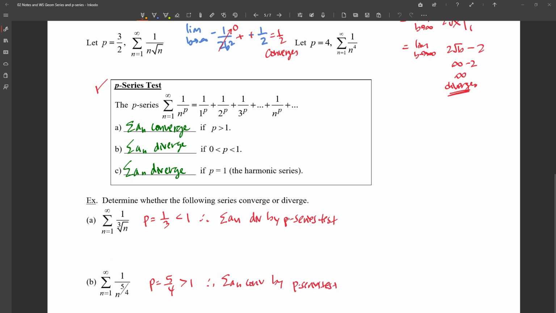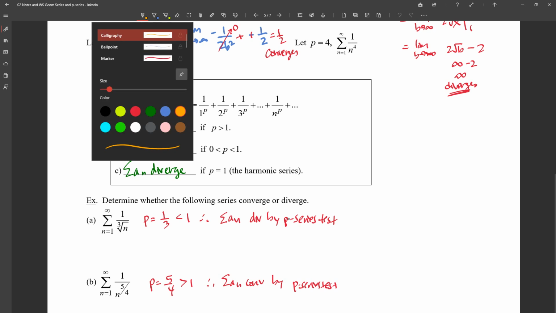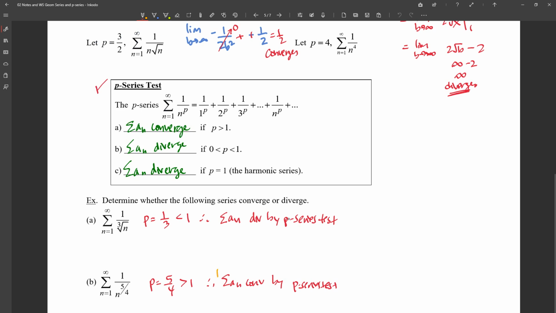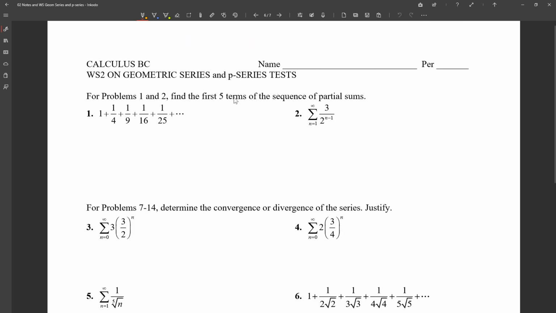Okay, so for your homework, what I'd like you to do is I'm going to ask you for every problem to tell me, does your series converge or diverge? Tell me what test you used, and also justify your test somehow so that I know how you used your test. All right, those are the 3 things you need for each question. So if you take a look at your homework here, what you'll see is for each problem, you need to decide, do you use the geometric series or the p-series test?